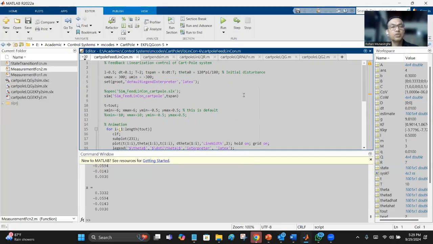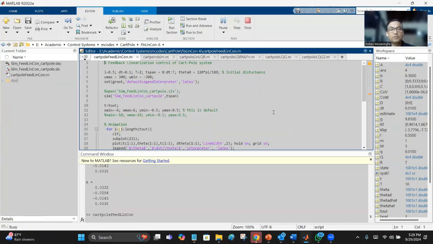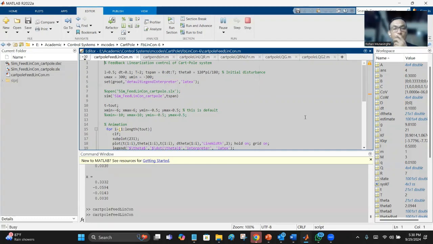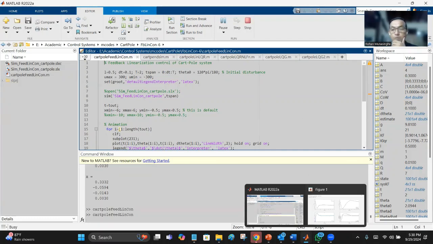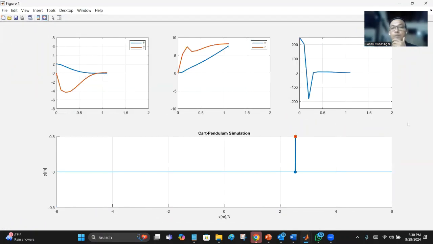I'm going to give it a run first. Then it will open Simulink. There you are.